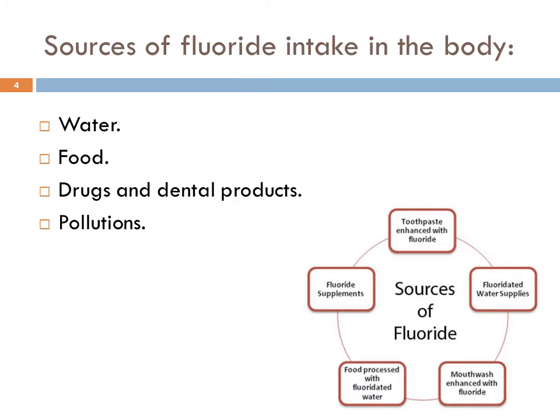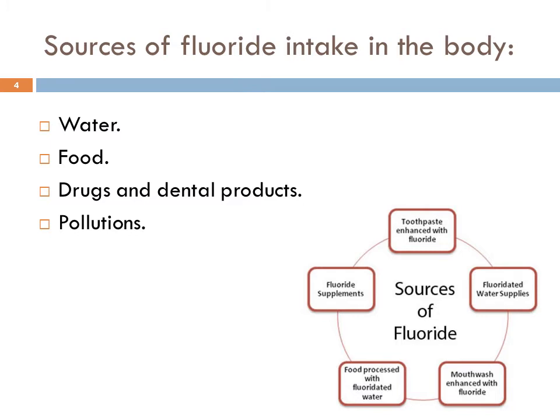These kinds of fluoride sources go through the GIT and enter the circulation. Another route of fluoride intake is pollution from the atmosphere, in industrial areas or areas highly active with volcanic activity, for example.